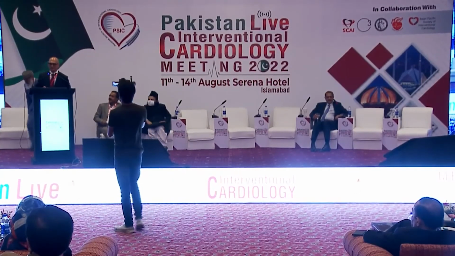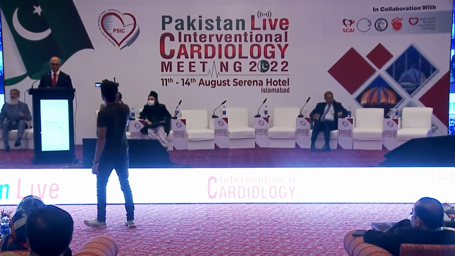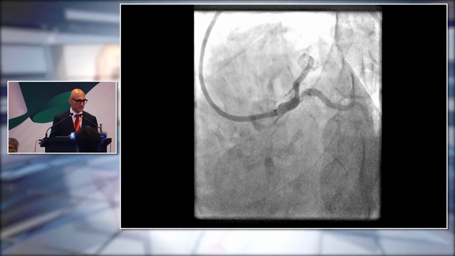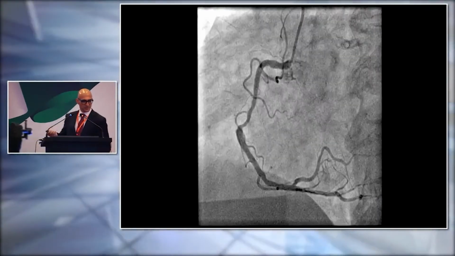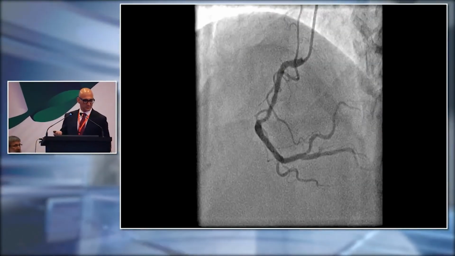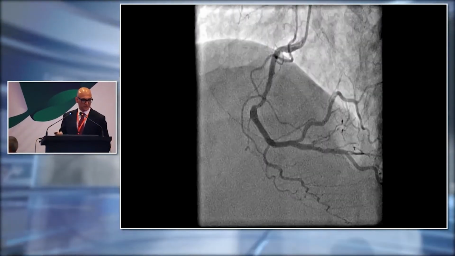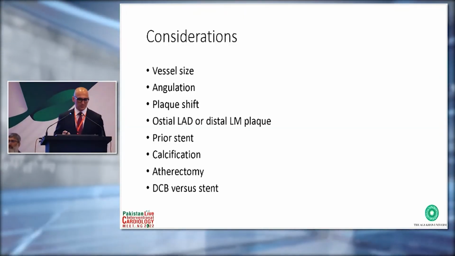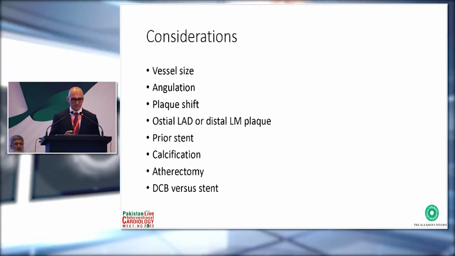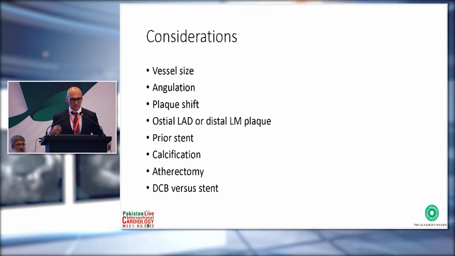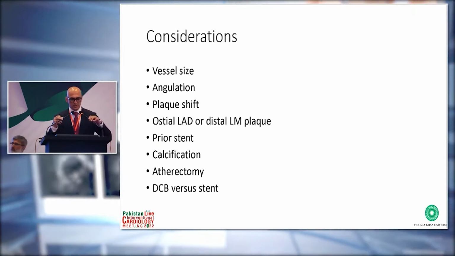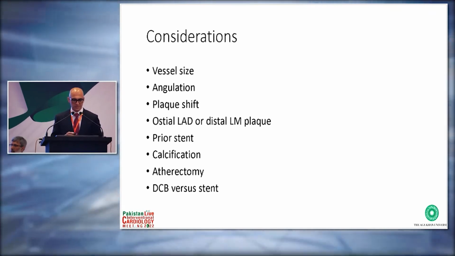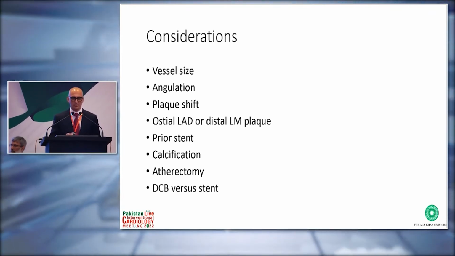So I think Dr. Suhail Aziz saw my slides beforehand and knew what was going to happen, but they were very interesting and thoughtful comments. She also had disease in the right, which was going to be staged. The considerations for something like this are vessel size, angulation, plaque shift, ostial or distal left main plaque, prior stent placement, calcification, whether you need atherectomy or not, and DCB versus stent.